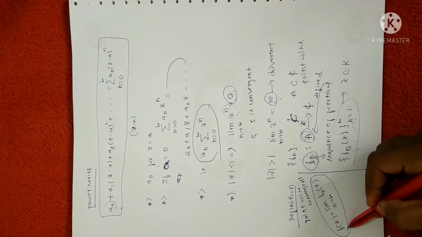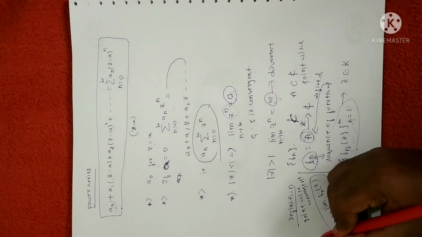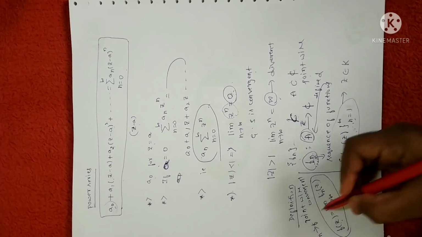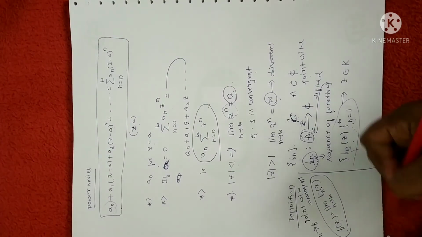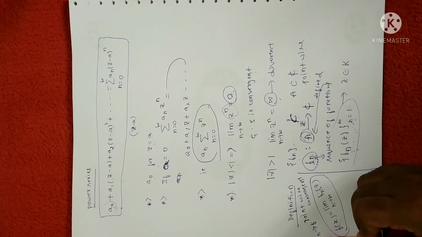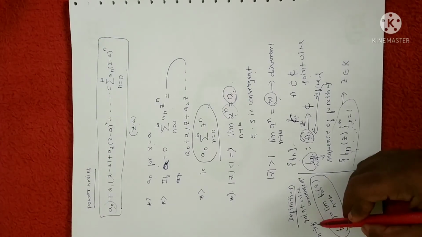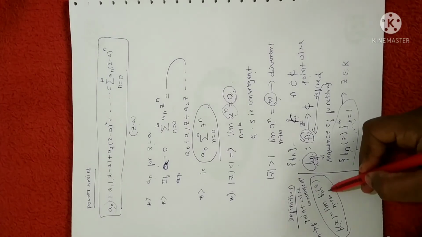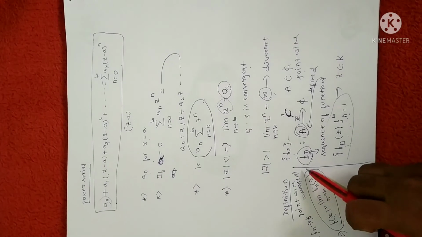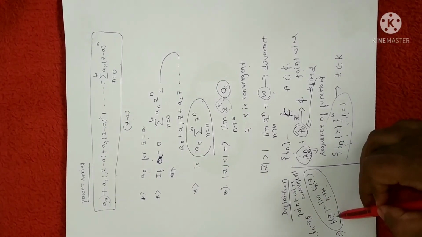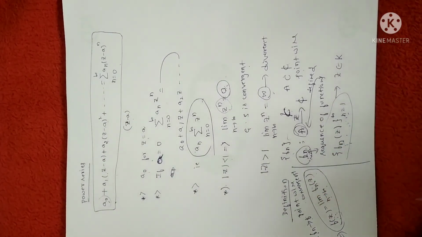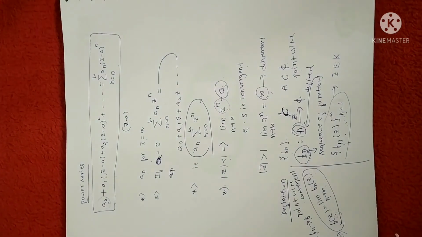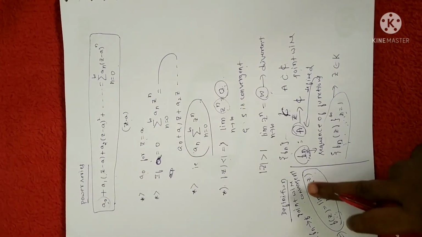I'm just repeating once again. If Fn is converging pointwise to f, then we can write this statement. Or else we can define a sequence Fn converging pointwise to f only when the limit as n tends to infinity of Fn of z is equal to f of z. So if this condition is satisfied, I can say the sequence Fn is pointwise convergent. Clear? And this is about pointwise convergence.